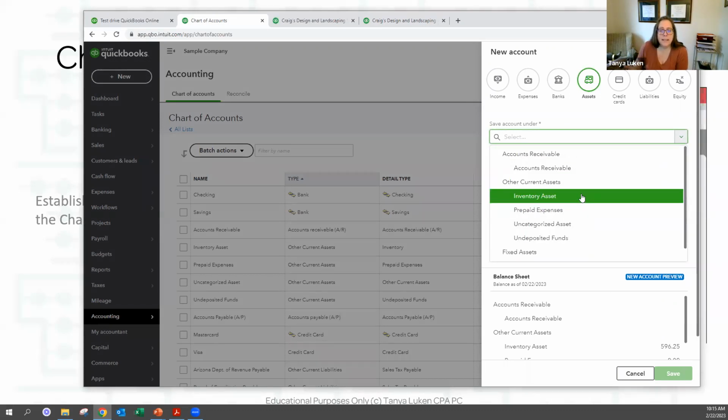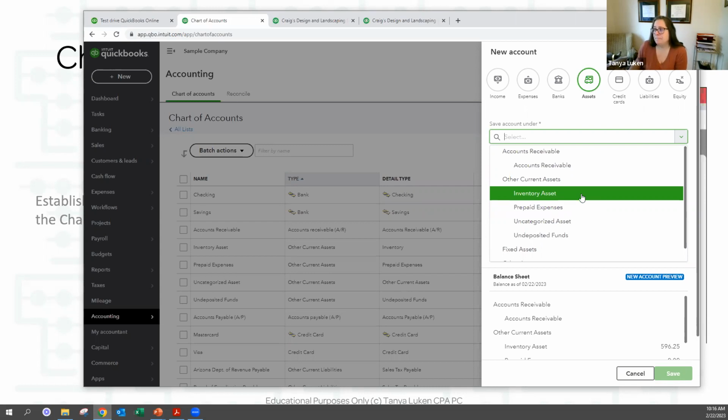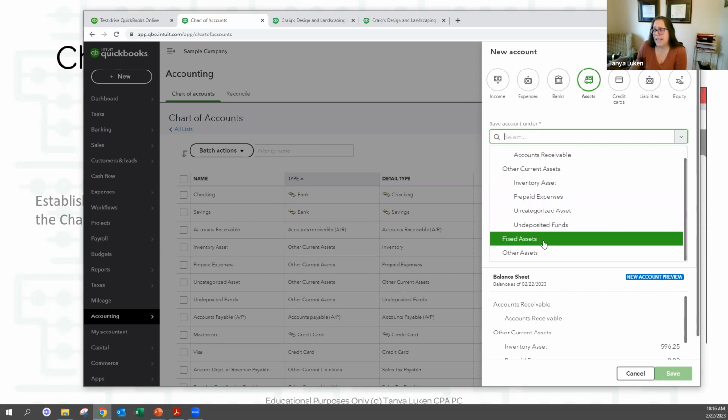So usually assets are accounts receivable, your inventory, prepaids, which means that you paid, like your insurance, for example. If you pay the whole year up front, you could record that as a prepaid. Those kind of things. Your fixed assets are big, lot of dollars, long life kind of thing.